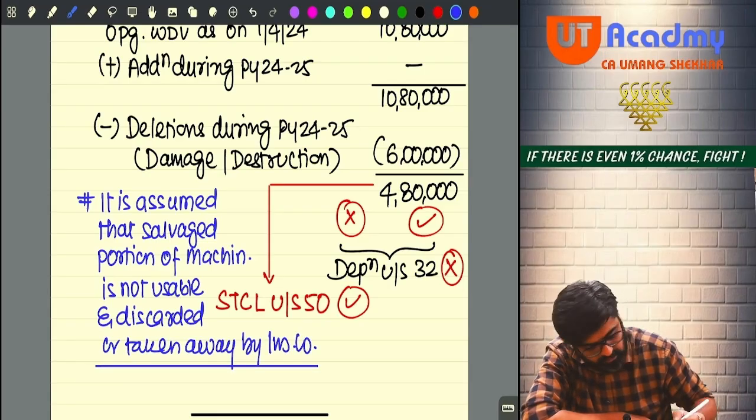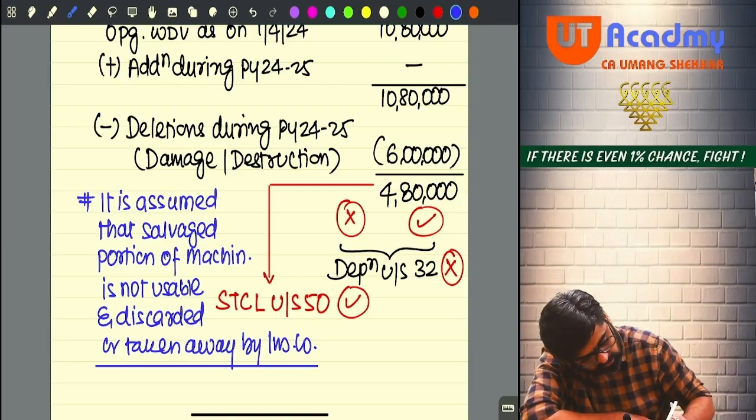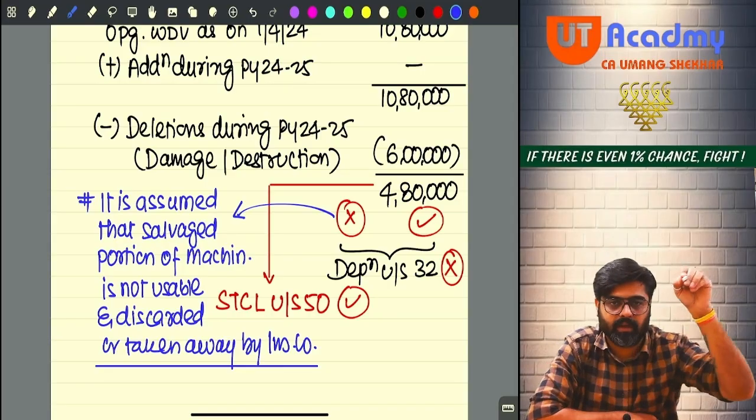If I am taking this assumption, hence I am taking no asset remaining in the block.